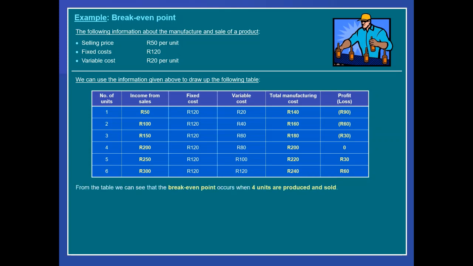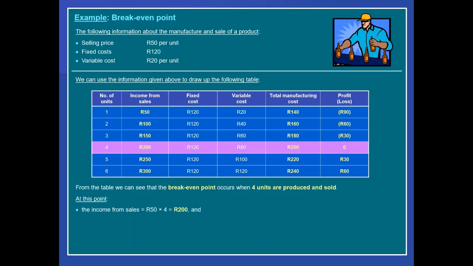So from the table we can see that the break-even point occurs when 4 units are produced and sold. Now we don't make a profit, neither a loss. At this point, the income from sales is the 50 Rand times 4 units, which is 200 Rand.